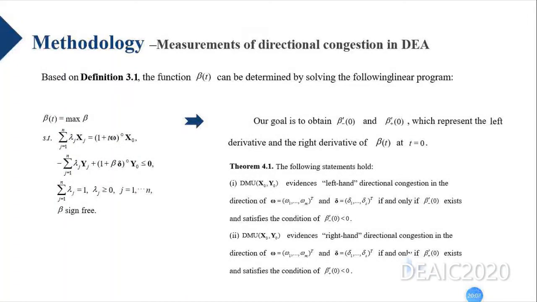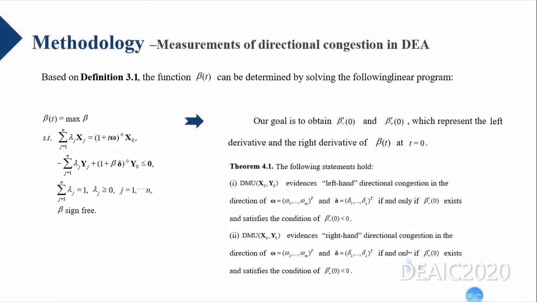With these notations, Theorem 4.1 is proposed to illustrate this in detail. From Theorem 4.1, if and only if the left derivative is less than 0, DMU evidences the left congestion in the given directions.